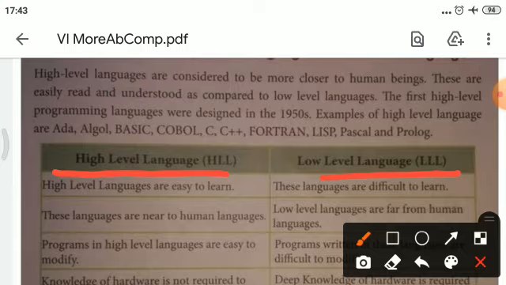And you should also learn what triple L means, that is low level language.